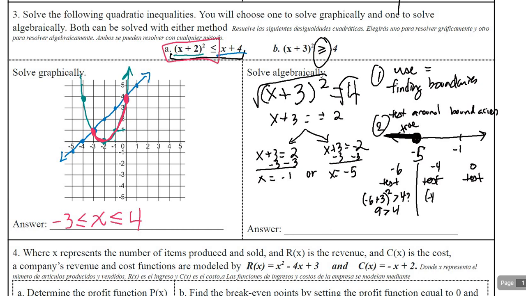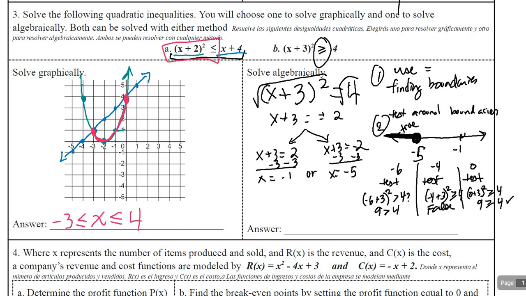Okay, now I'll test -4. Is -4 plus 3 squared greater than or equal to 4? And no, false. So no solutions here. Then I'll test 0. Is 0 plus 3 squared greater than or equal to 4? And yes, 9 is greater than or equal to 4.